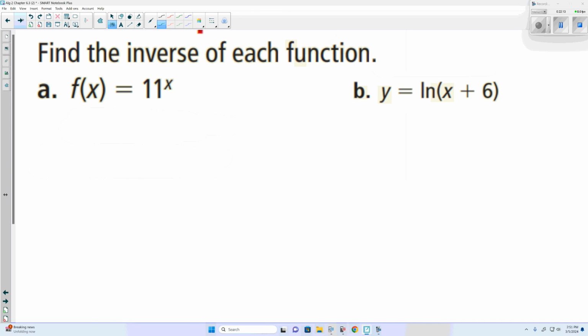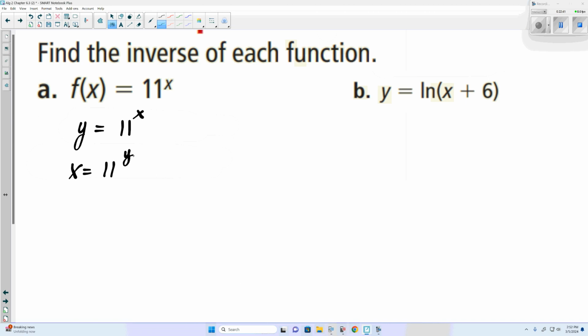f of x equals 11 to the x. So we rewrite f of x as y equals 11 to the x. Now we switch the x and y, telling us x is equal to 11 to the y. Questions on how we got through steps 1 and 2? Our next step is to get y by itself.